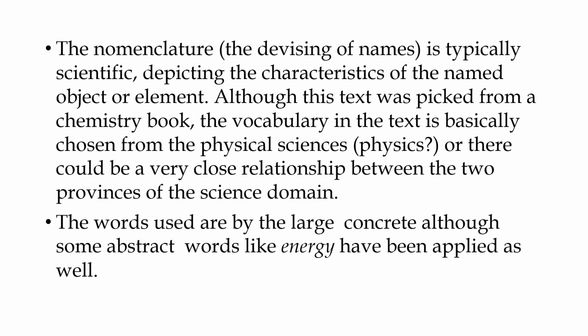Although this text was picked from a chemistry book, the vocabulary in the text is basically chosen from the physical sciences, physics, or there could be a very close relationship between the two provinces of the science domain. The words used are, by and large, concrete, although some abstract words like energy have been applied as well.